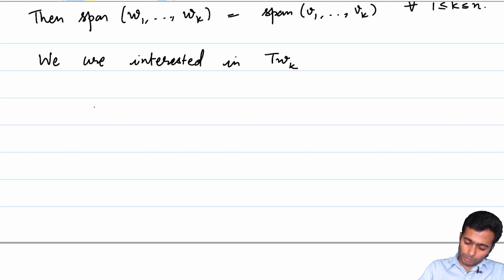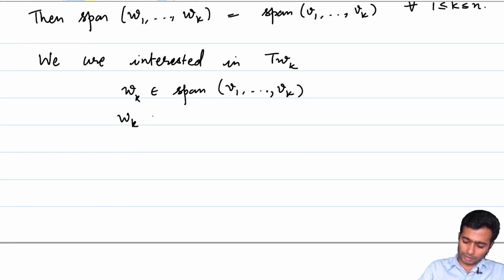What do we know about Wk? We know that Wk in particular belongs to the span of V1 to Vk, and therefore Wk is just a1 V1 plus something up to ak Vk.